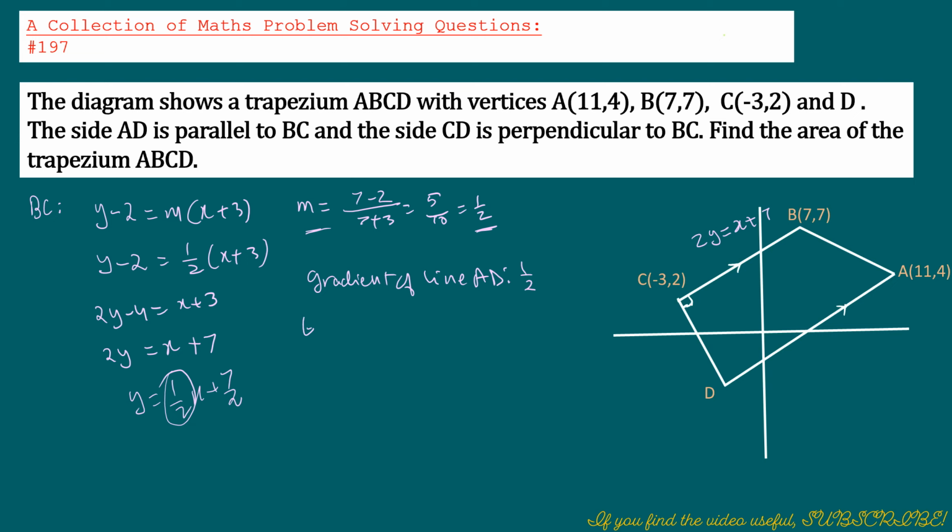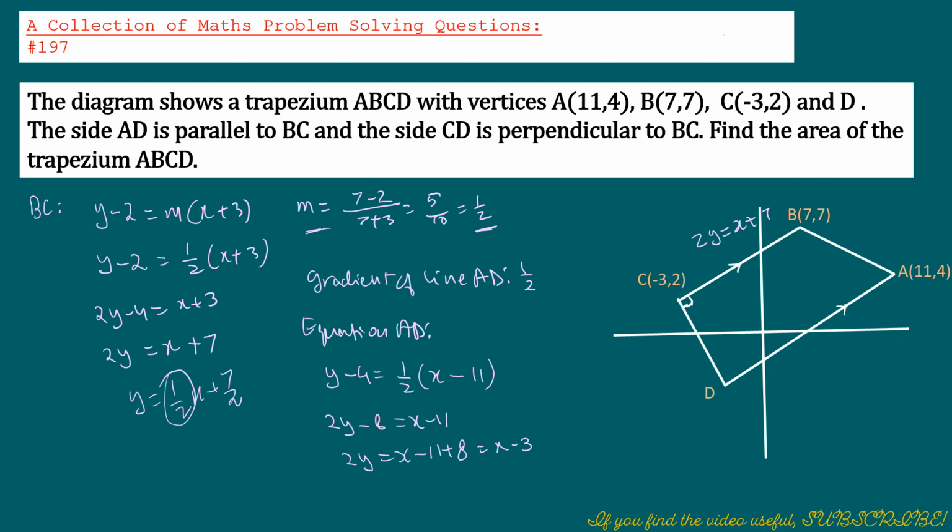The equation of AD would be y minus 4 equals half times x minus 11, or 2y minus 8 equals x minus 11. 2y equals x minus 11 plus 8, that equals x minus 3.